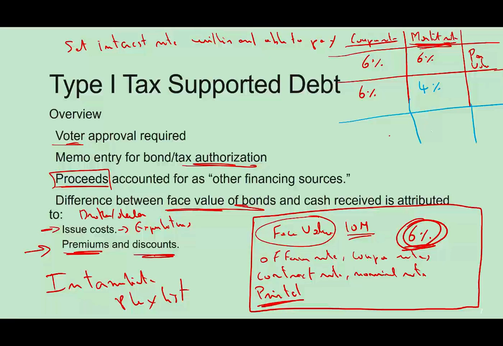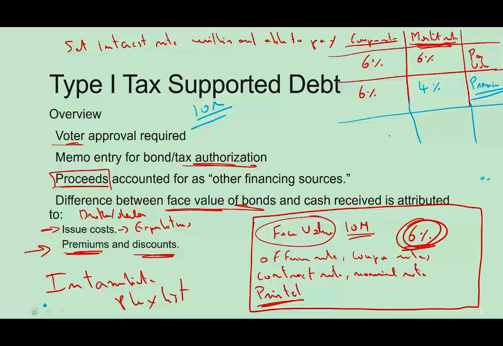Everyone's going to rush to buy your bond, because this bond is paying $600,000 per year, and everybody else is paying $400,000. So your bond would sell at what we call a premium. Premium means you would receive more than $10 million. Why? Because you are willing to pay more in interest. The market would reward you by giving you more when you sell your bond up front, because of supply and demand: you're going to have more demand for your bonds, so you can sell it at a premium.